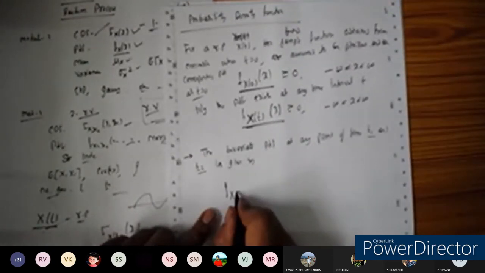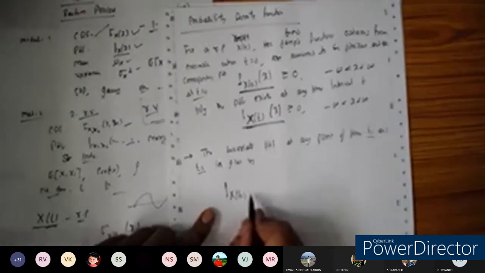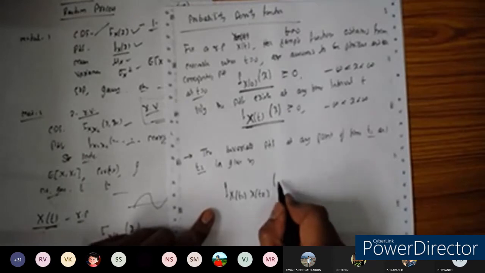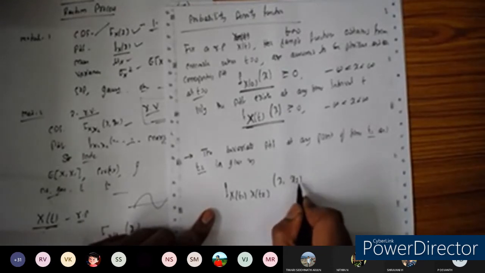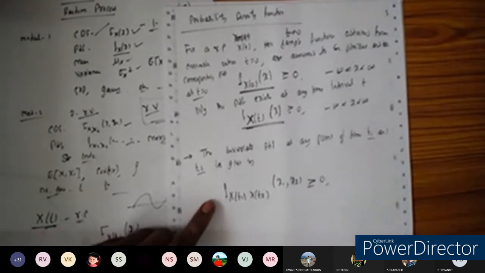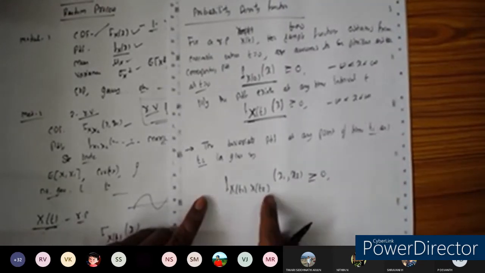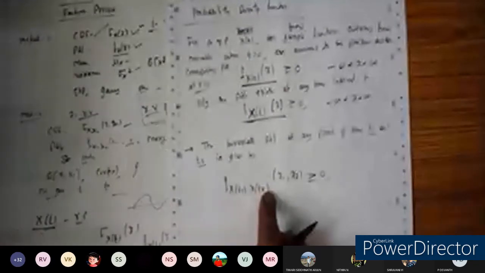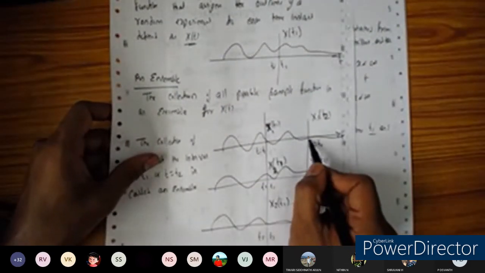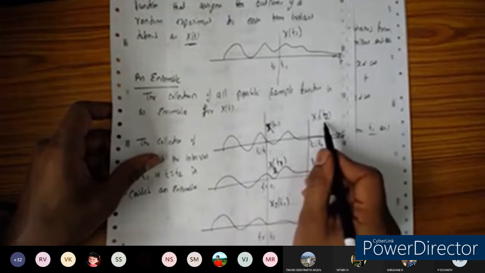I'm going to consider the time interval t1, so this is fx of t1 and fx of t2. The corresponding sample values of the random variables are x1 and x2. So at time t is equal to t1 I take x of t1, and at time t is equal to t2 I take x of t2.